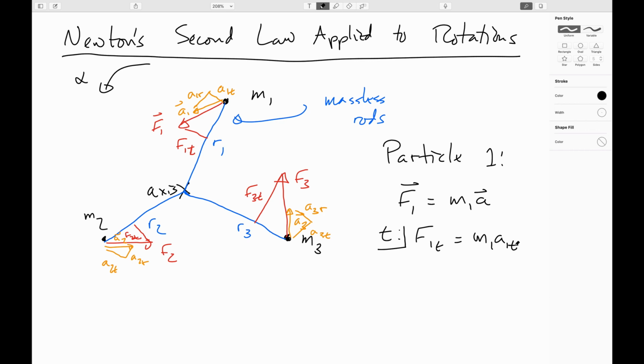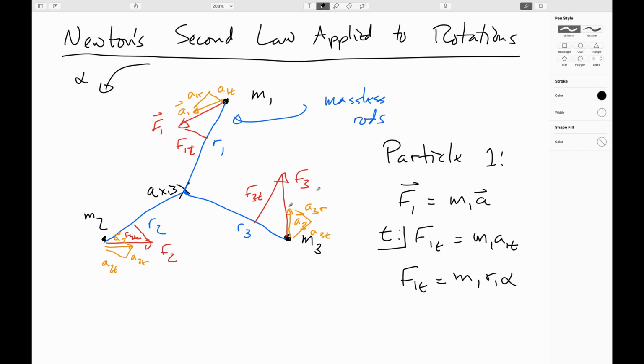And we remember from our explorations of angular acceleration that A1 tangential is equal to R times alpha, where R here is R1, because that's the distance from the axis to the mass. So this particular mass is going around in a circle like that.